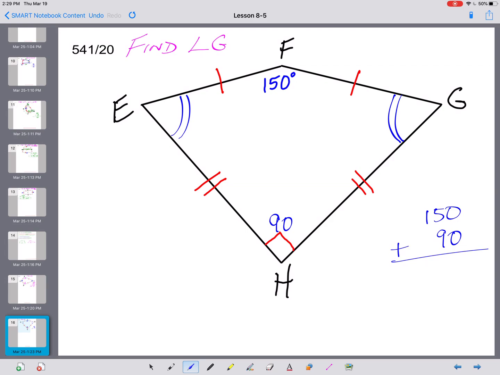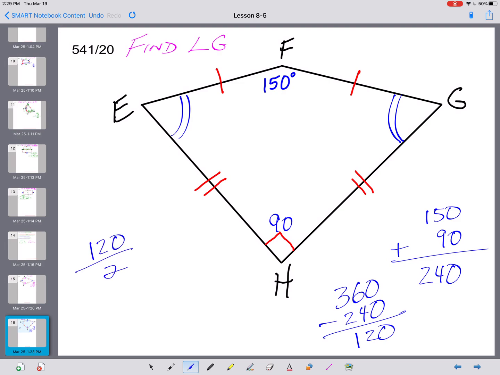That's going to be 240. We only got 360 to use in a quadrilateral, minus 240. You got 120 left. 120, cut it in half. There you go. 60 each. Yep, that's what it is. Looking good on 20.